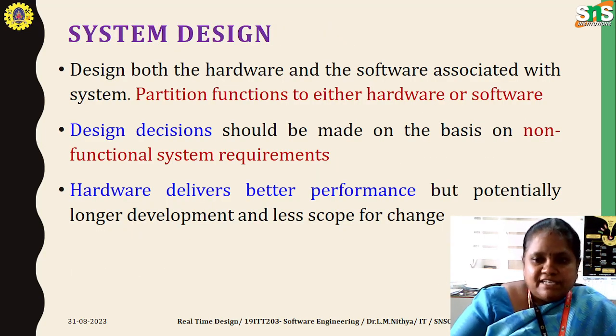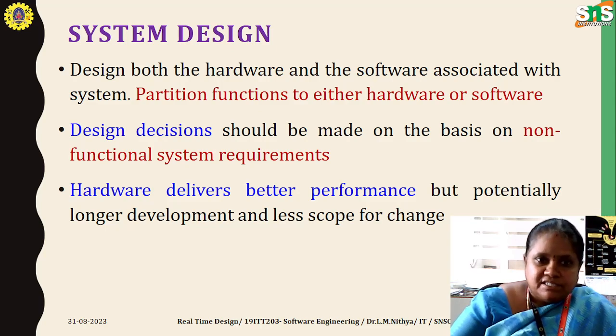So now we will see how a system design happens. We have to design both the hardware and software associated with the system. First we have to partition the whole system into hardware and software systems. After preparing the systems separately, we can integrate them together. Design decisions should be made on the basis of non-functional system requirements.